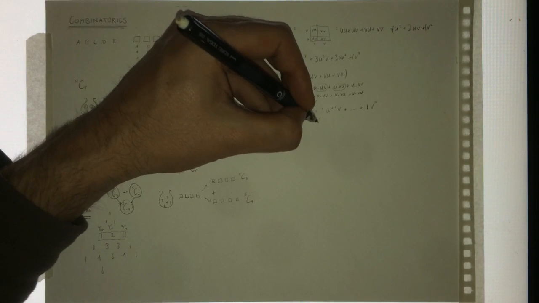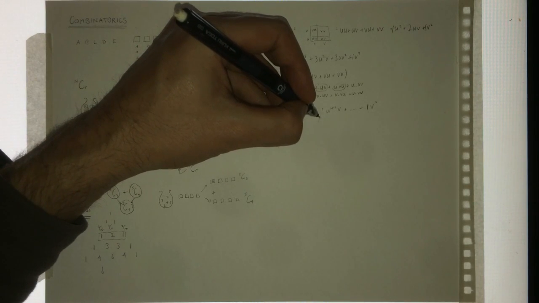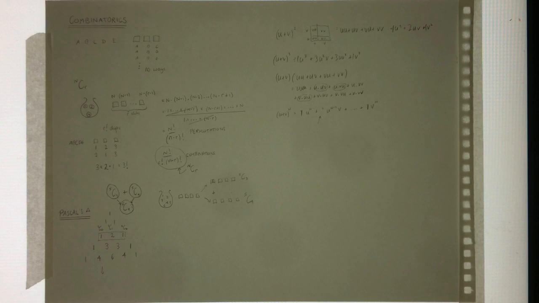Now for this one, we've got to look through all our permutations, and we're only interested in those permutations that have a single v and all the others are u's.